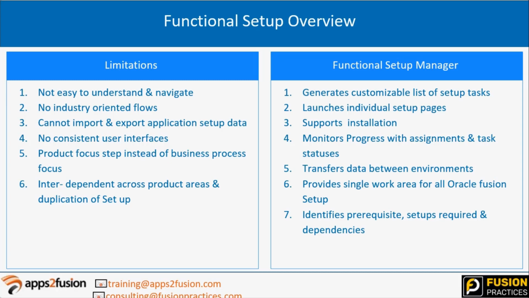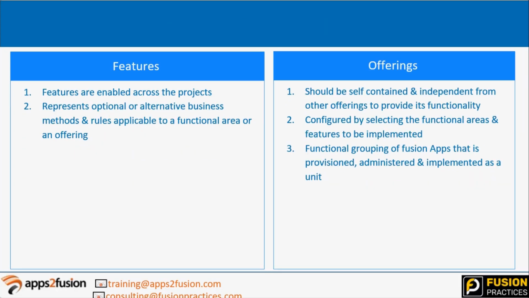Then we back up this clean configuration so that when we are moving to the next instance, say a UAT instance, we can copy all the setups into the UAT instance rather than redoing all the steps manually. And once UAT is clear, in case there are no changes, you could move them directly to production. I'm sure you already are aware of this, but we're covering it to ensure that it is all in place.